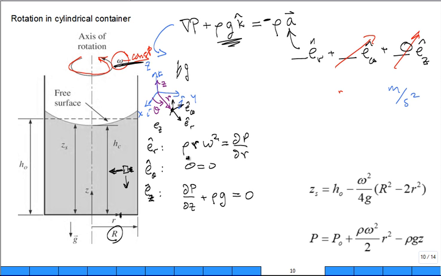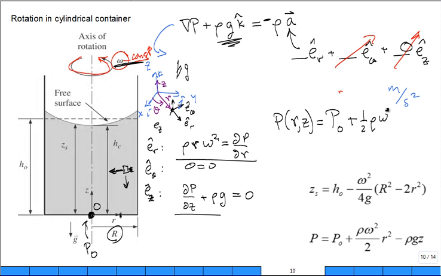Now, this is an ODE, this is an ODE. In the interest of time, since I'm out of time, you can get the pressure field. The pressure is a function of r and z. The pressure field is some p naught. What would be p naught? Right here is the origin, true, plus 1/2 rho omega squared r squared.